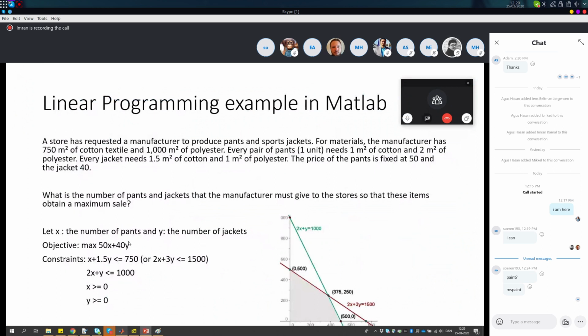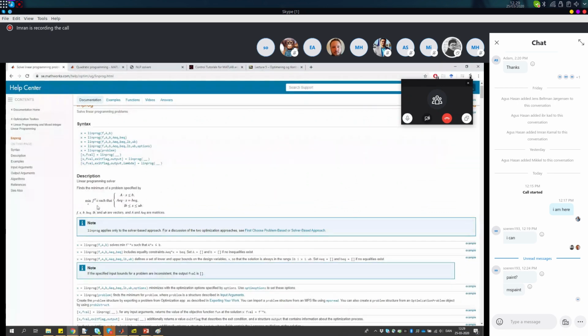So this objective function is 50x plus 40y. So if you look into this, f is a vector. You transpose this vector, so it becomes a row vector times a column vector. So this is a scalar, as you know.